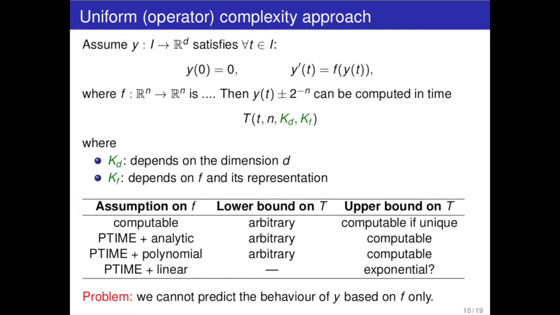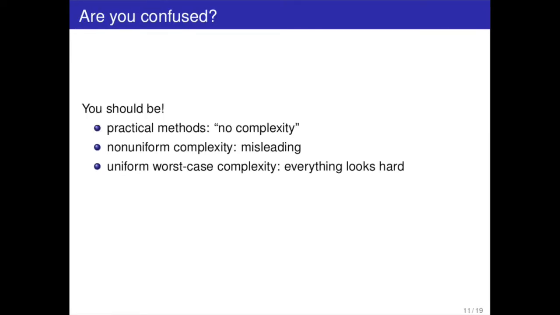But what is clear, from all those things which are quite confusing, and there are many different results, is that unless you look at linear differential equations, it's impossible to predict the behavior of y looking at f. Because already for polynomial, the behavior can be arbitrarily complicated. So a very small summary is that it's quite confusing. Depending on how you look at things, you can get a completely different point of view.